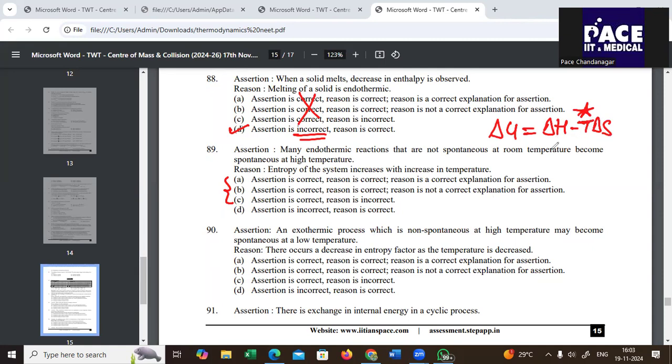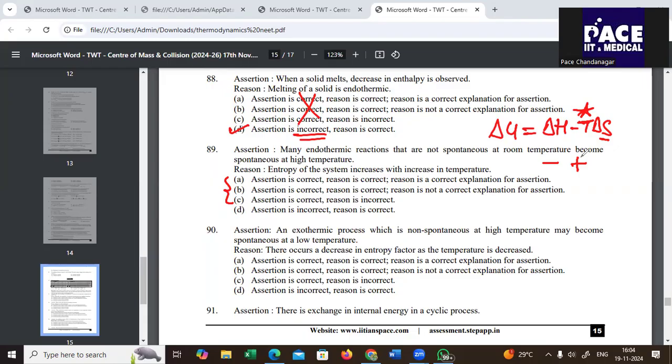In case your delta H is negative and your delta S is positive, the negative of positive becomes negative. But in case delta S is negative, the negative of negative becomes positive, then your temperature is the deciding factor, definitely.